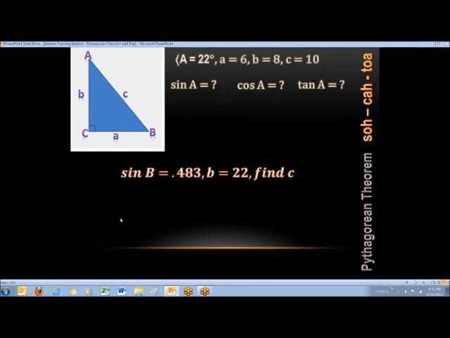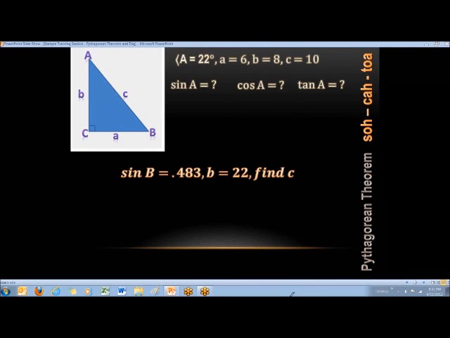Now, if I knew that the sine of angle B was 0.483, and I knew that side B was 22 units long, could I figure out what side C was? Yeah. I'll be your pen. You tell me what to write.